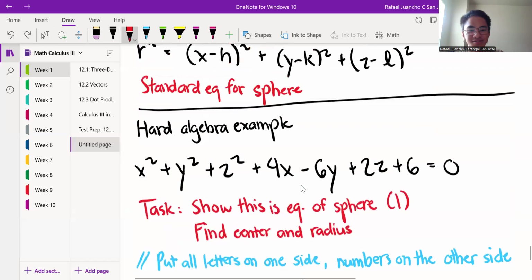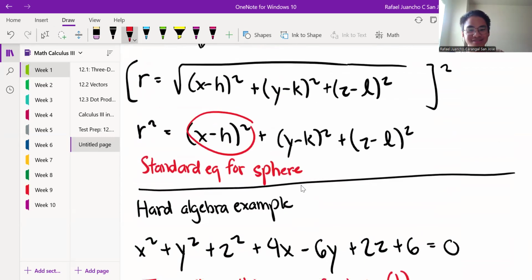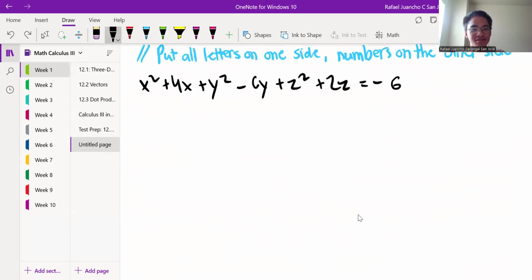And now the next step. So how do we get this to kind of look like this? That's our goal, right? Well, we want to do this thing called complete the square, which is an algebra technique.